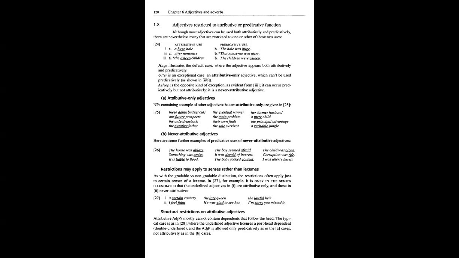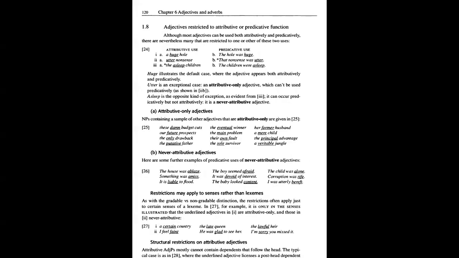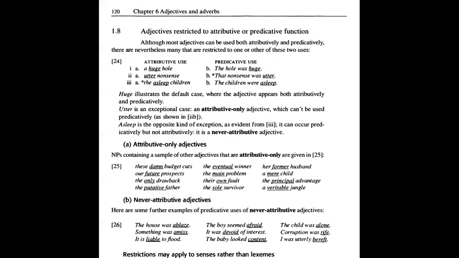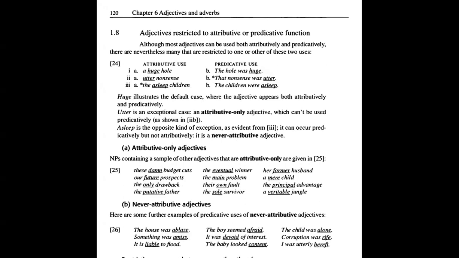Today we are going to start with adjectives restricted to attributive and predictive function. Last lecture we were talking about adjectives, and we made a comparison between adjectives and nouns, adjectives and determiners, and adjectives versus verbs.